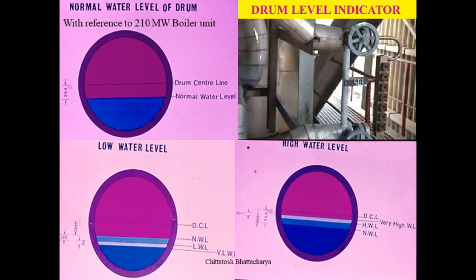So in view of this, there is proper control and instrumentation related to drum level, and we continue to monitor that continuously in terms of feed water flow and steam flow from the boiler.